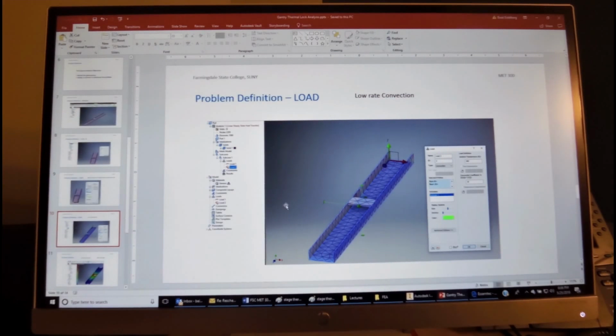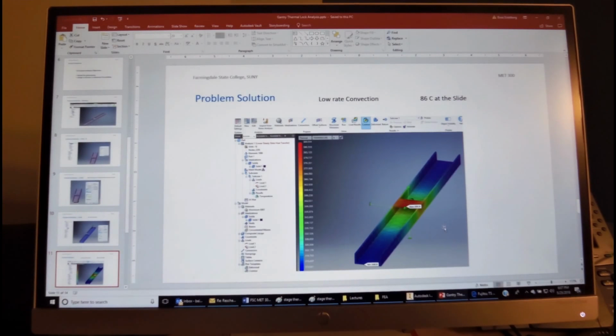We also have to define the load of convection, and all the surfaces of the device are actually convecting the heat which is being generated by the coil into the surrounding temperature, and we have to define with the Nastran model the surrounding temperature in degrees Kelvin.